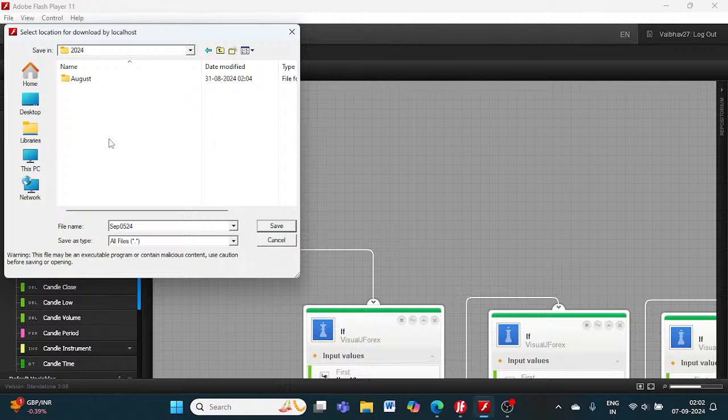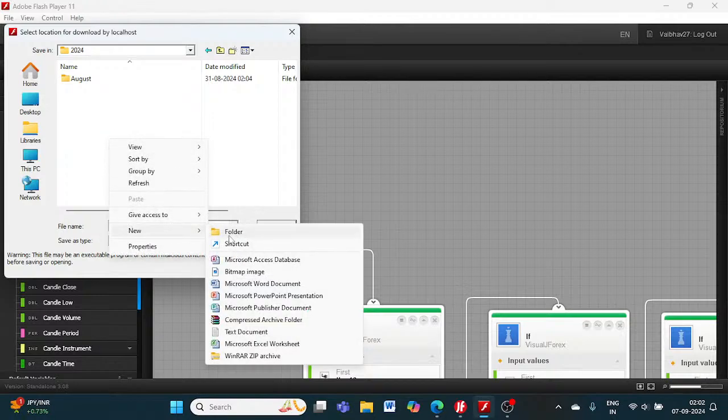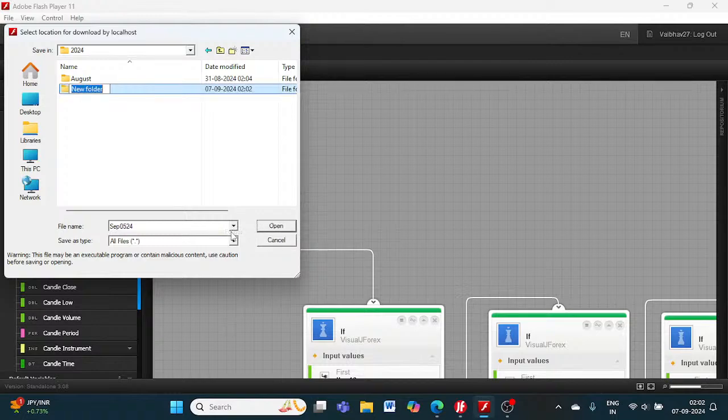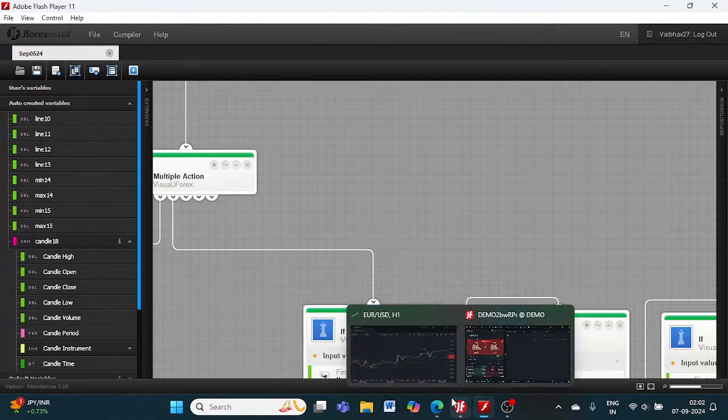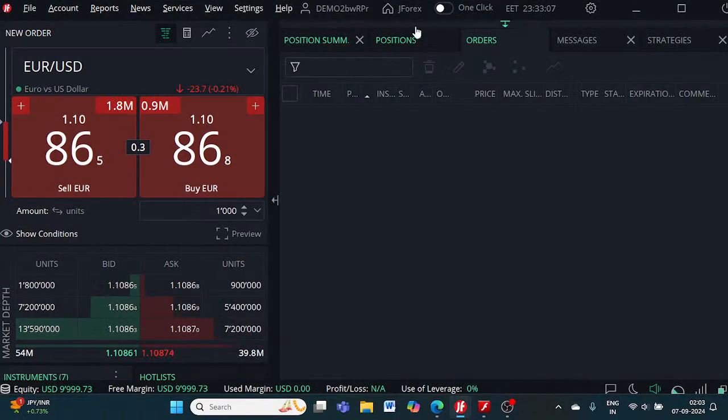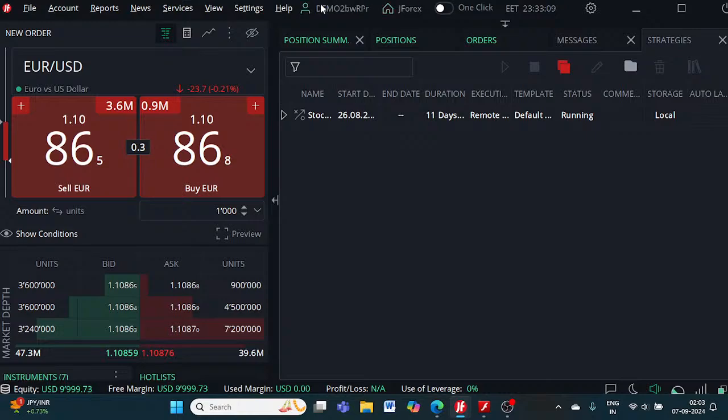Algorithm 2024. Now we are in the month of September. So let me create a new folder. Okay. Saved. Now I am going to go back to the JForex platform.